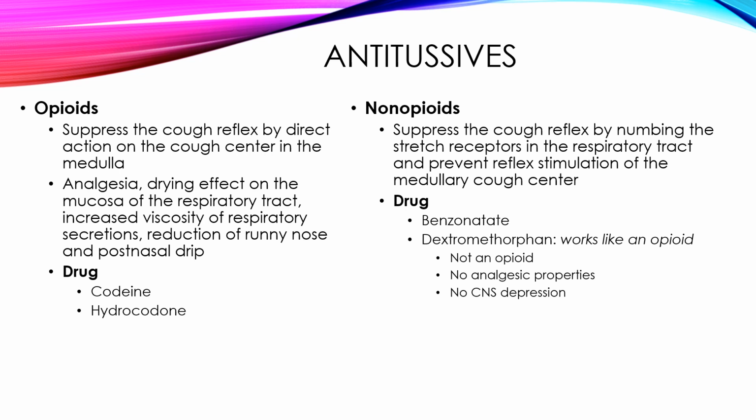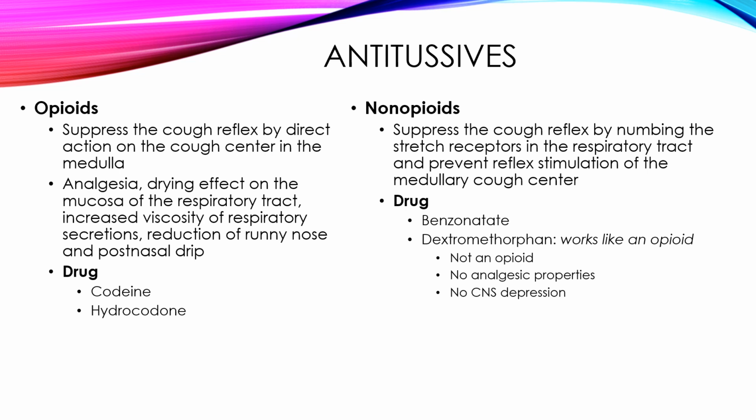So what we're trying to do, because you keep coughing and coughing and you can't stop, we have to give you an opioid, which we know will go straight to that area, which means opioids cross the blood-brain barrier. Okay, that's why they're so dangerous. And they go straight to the cough center and they suppress the cough. So that's how we use opioids for cough medicine.